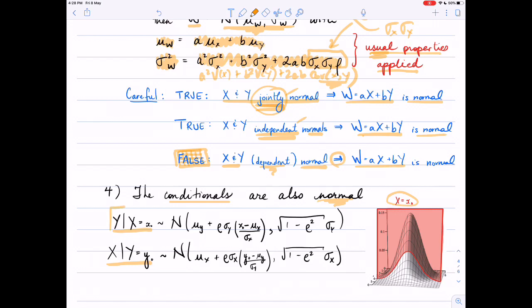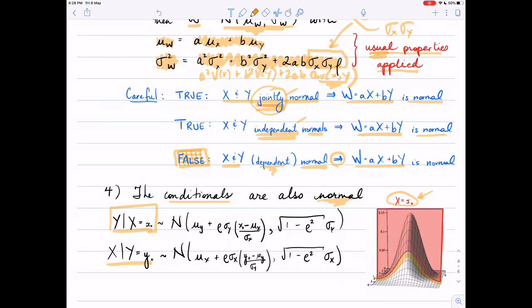So if I look at Y given that X is equal to x0, well, if X is equal to x0, then that is like the plane X equals x0 intersecting the surface, and you can kind of see it right here, that the curve that you get with that intersection looks like a bell curve. I mean, that's not a proof. That's just sort of a visual justification that this is something reasonable.